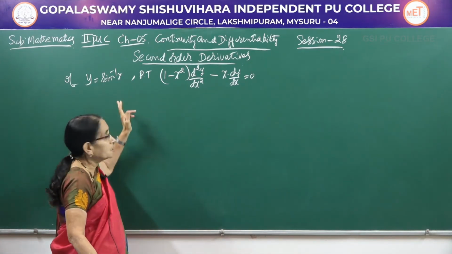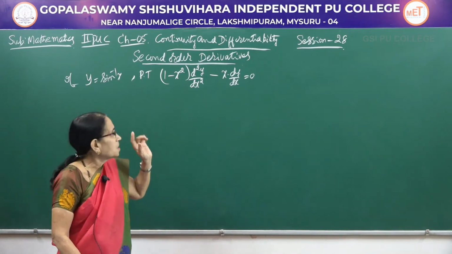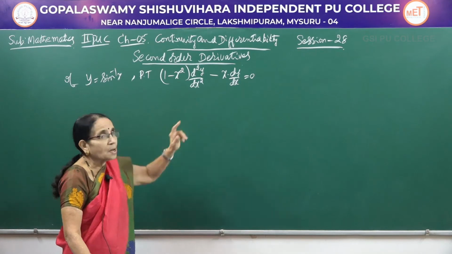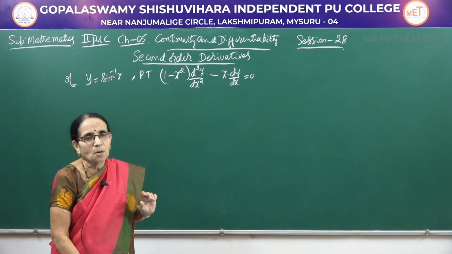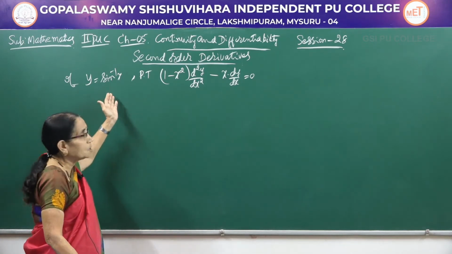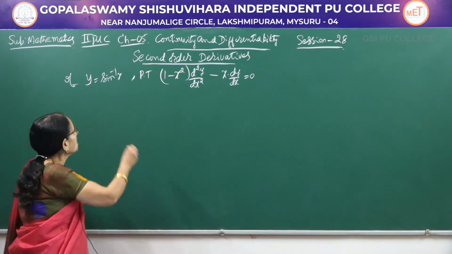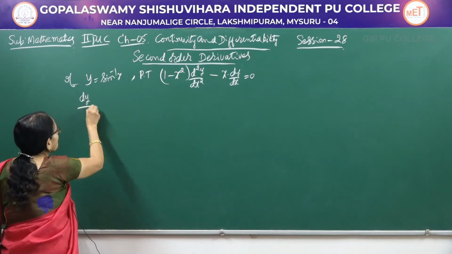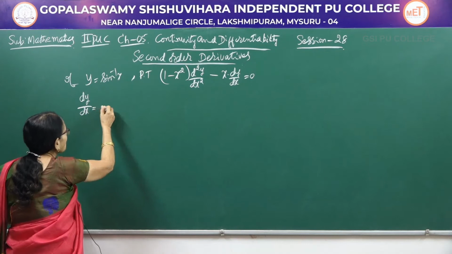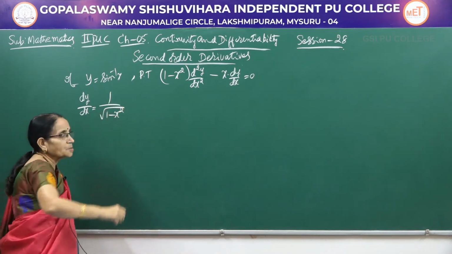But here it is another type of function, inverse trigonometric function. In inverse trigonometric function, usually they ask a particular result to be proved. So here one hint, if you remember, whichever may be the inverse trigonometric function, after the first derivative, that is differentiate like this. Given y equal to sin inverse x, dy by dx is 1 by root of 1 minus x square.